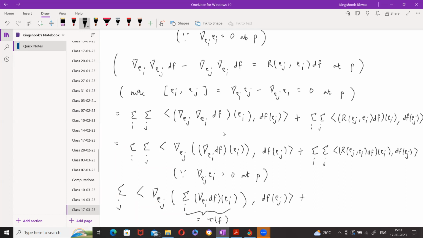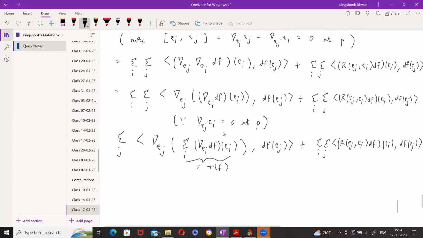Is it clear? Yes, just by definition of the tension field. Okay, so this is nabla EJ of the tension field.